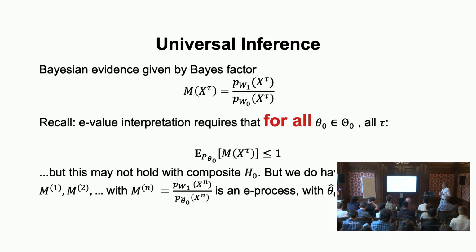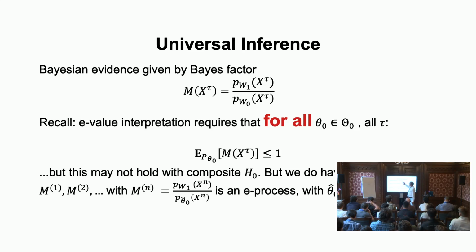One thing you could do is very crude. We know that this is not an e-variable anymore, right? That's because we want this expectation bounded for every distribution in the null, but this will only be bounded if we take expectation under this marginal. What we could do instead is divide by the MLE, the maximum likelihood in the null.